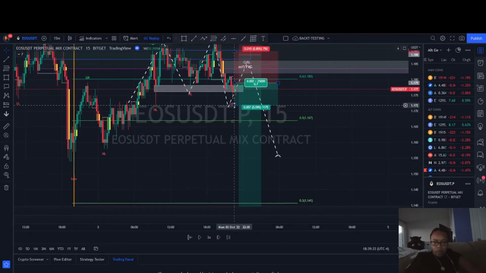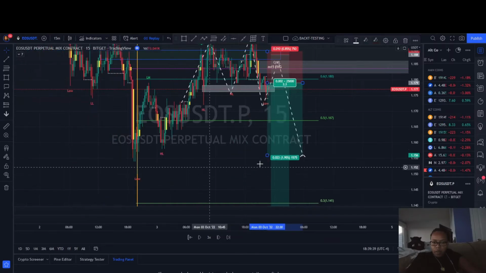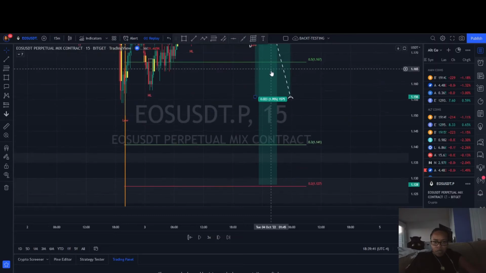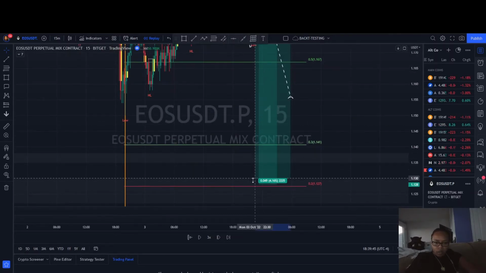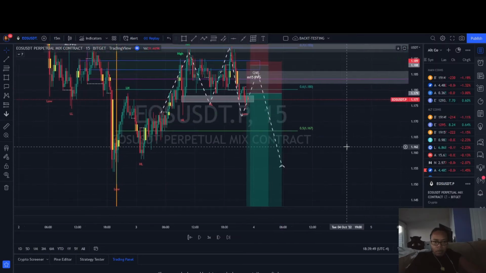So we have two options still. We could actually aim for this level down here, or, you know, whatever, I am going to put it all the way down there.